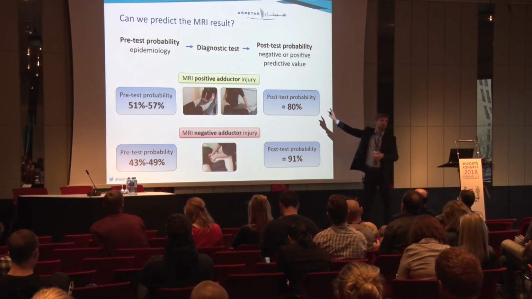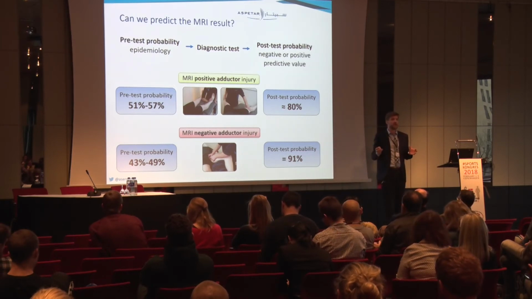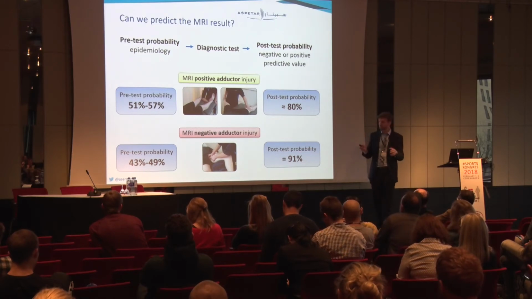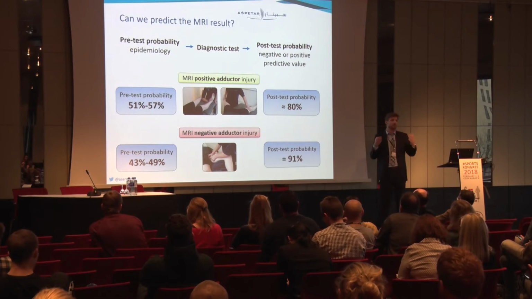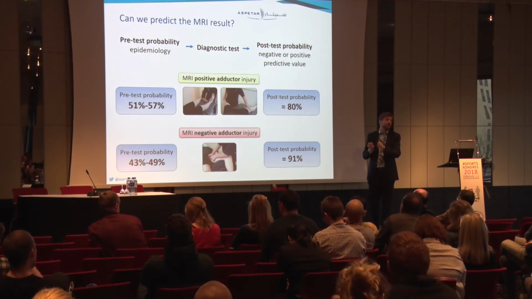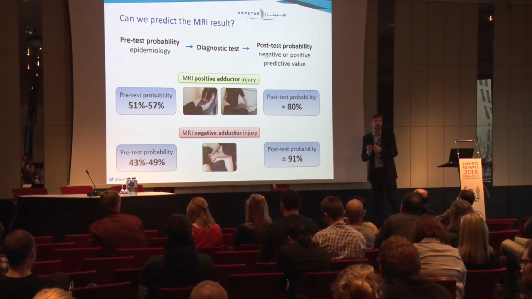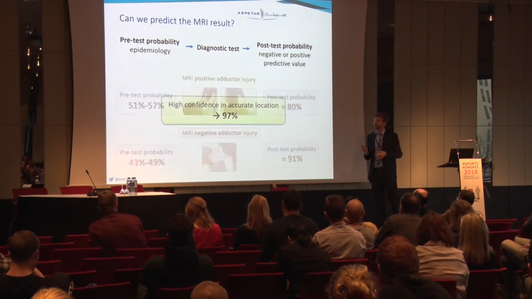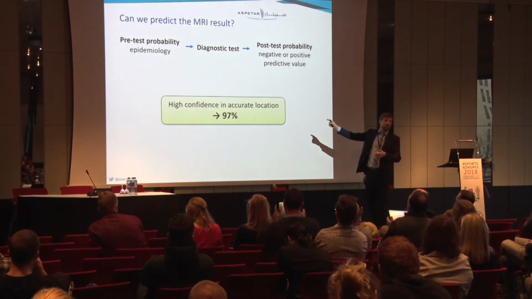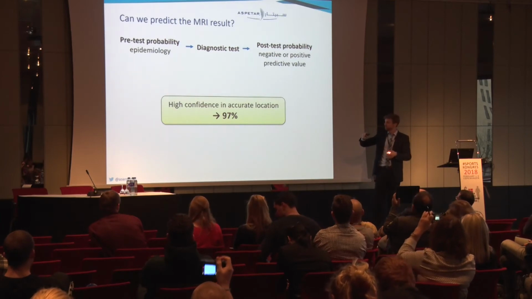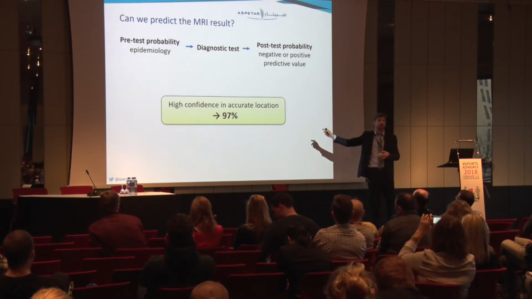This number is also influenced by the number of imaging negatives. So if we take away the cases where there were no imaging findings at all and consider only the cases with a positive MRI as the gold standard, meaning the MRI is showing us the right injury that the player actually has, then when we analyzed only these cases, our adductor tests were basically all above 90%, up to 97% for the individual test.